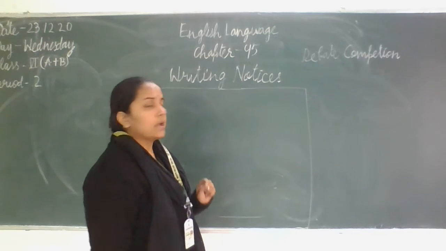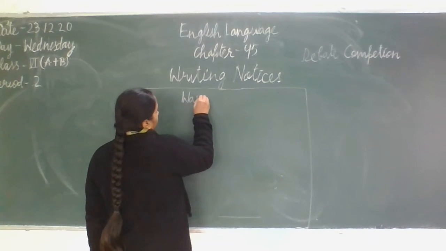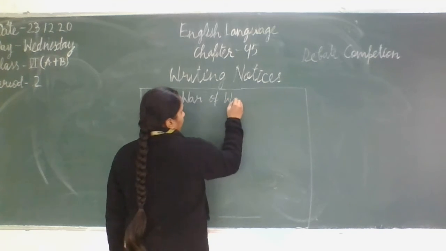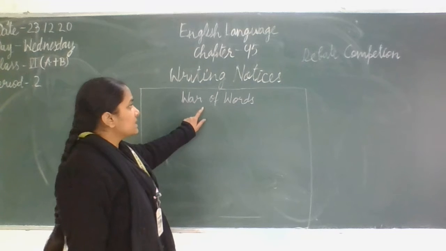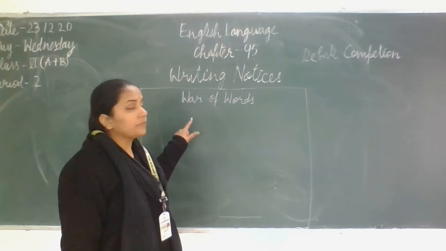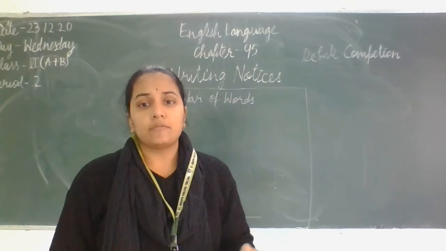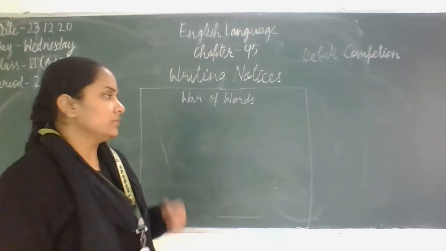Suppose I'm writing War of Words. This is the headline, not actually the heading or the title of the event. This is the catchy headline. Then after this, we will write the name of the event.